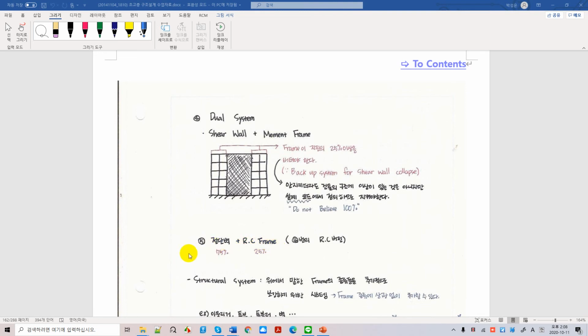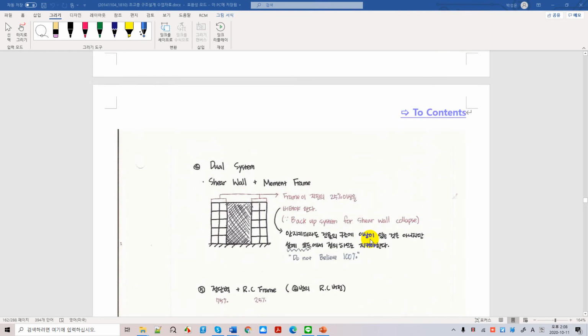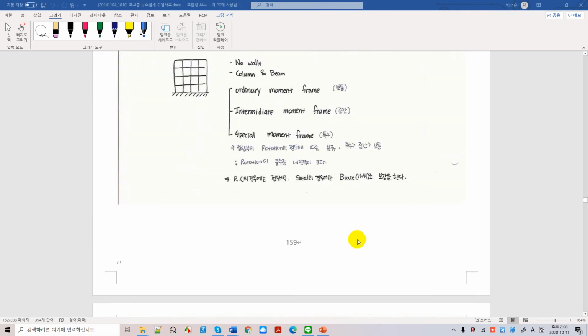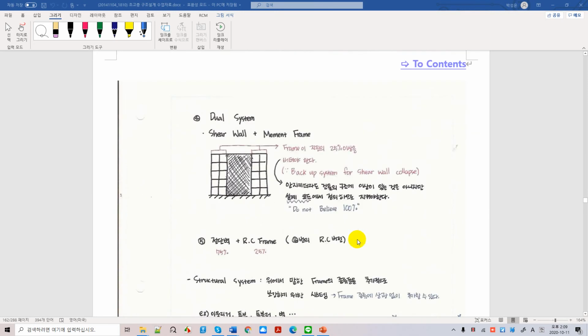Okay, but these frames are pretty effective to resist the lateral force. For example, you could still resist very high-rise buildings using dual system.